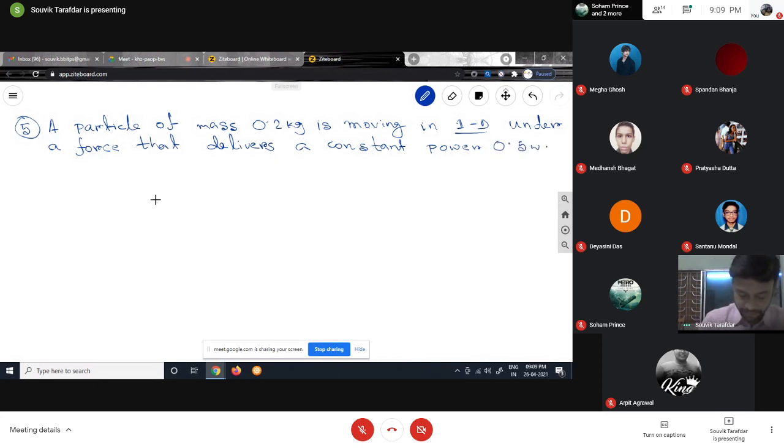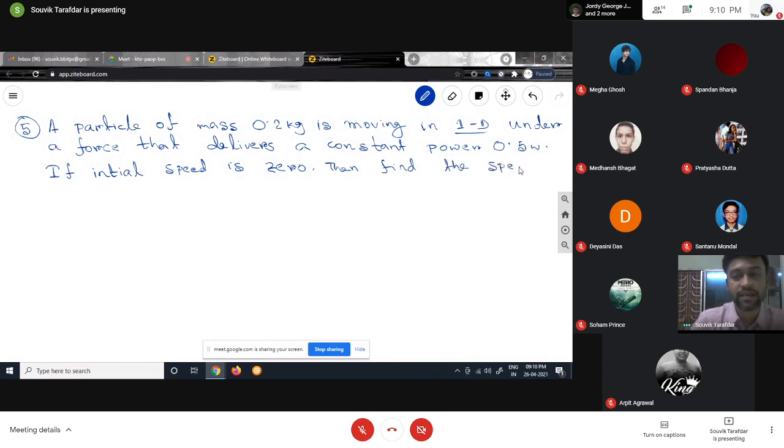If the initial speed is 0, then find the speed after 5 seconds. So this is our question.